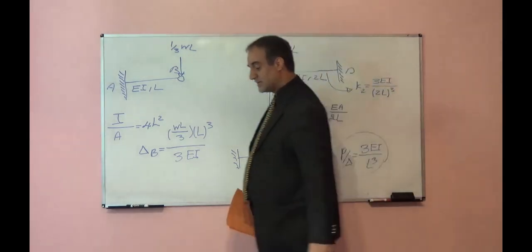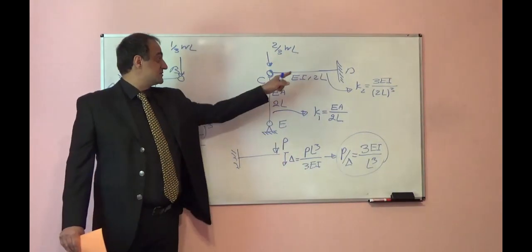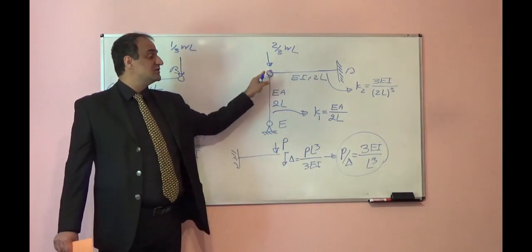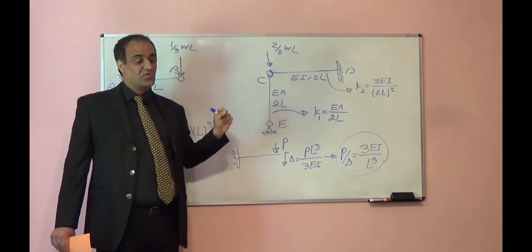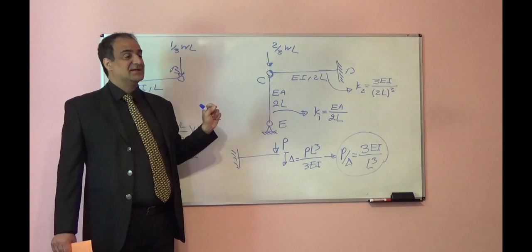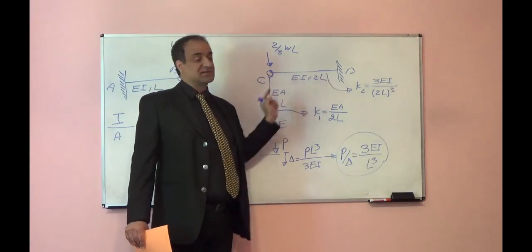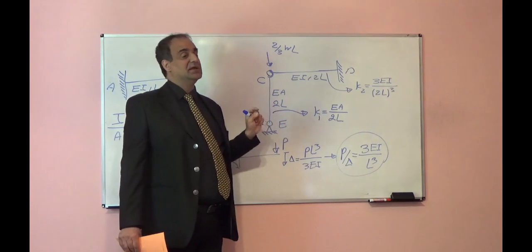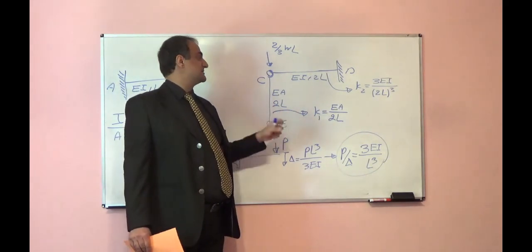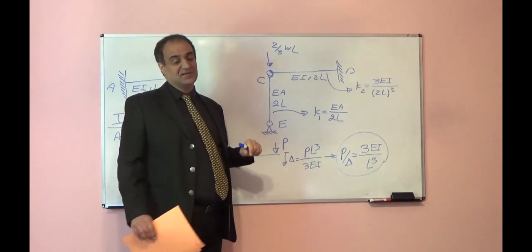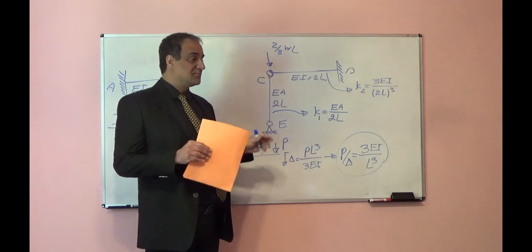Now, these two members deform together. You see, we attach these two members to point C, and if I apply load at point C, they will deform together. And the amount of deformation in this axial member and in this cantilever beam will be equal. So if I assume this is one spring and this is another spring, I attach these springs in parallel.